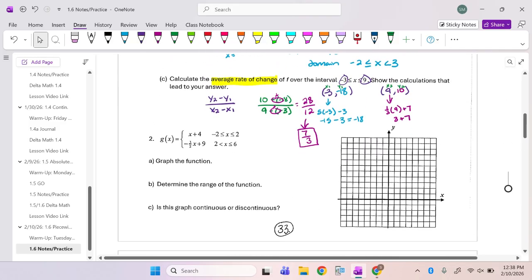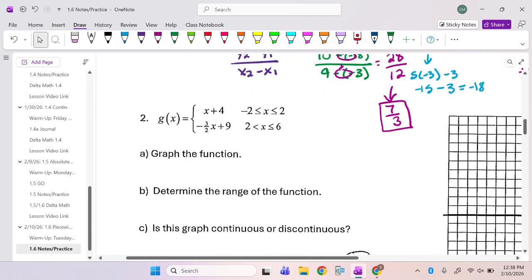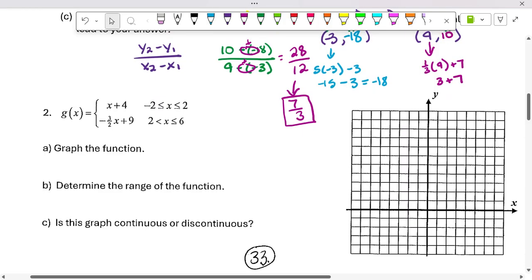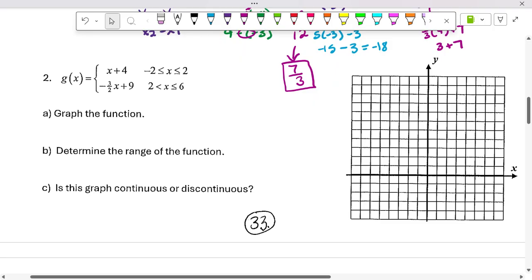Let's look at this. So, this next one is a graphing of piecewise. All right. Now, I'm not going to ask you on the test to graph, but it's still a good idea to at least know how to do it. All right.